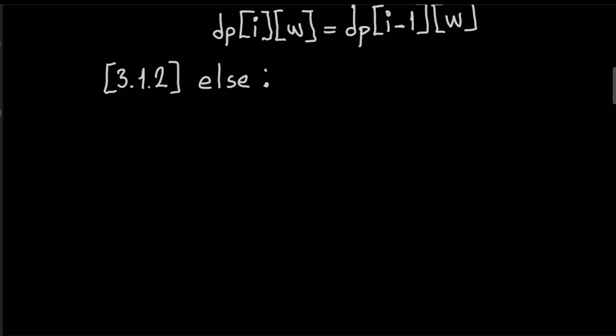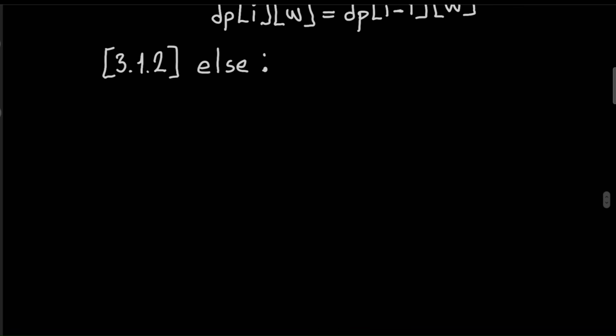The item can fit into the box or bag, whatever. In this case, we have two options. We can take this item. However, we will take this item if it is profitable, right? If it is not a logical decision, then we don't want to take it. Or we can take it and we add this item's profit to the best solution for the remaining capacity.